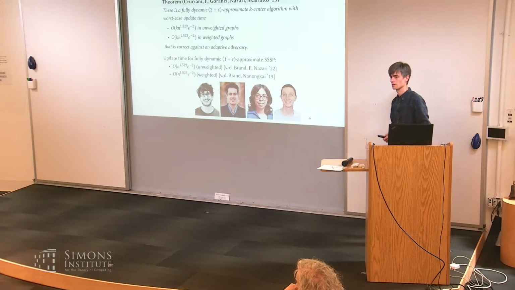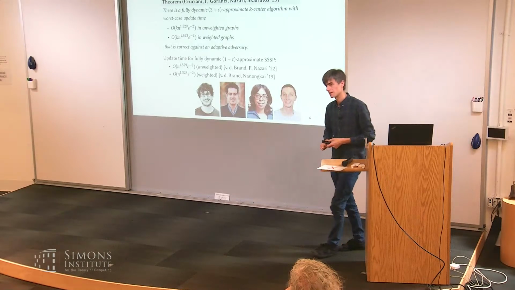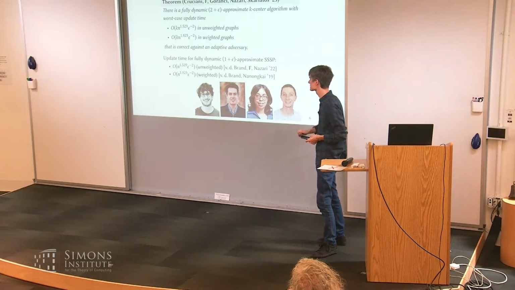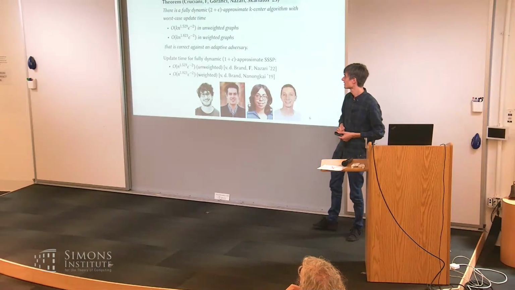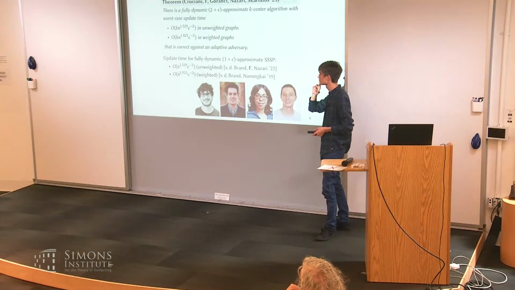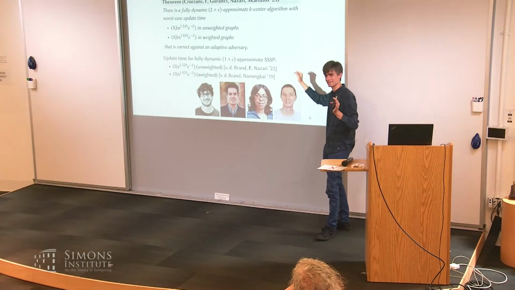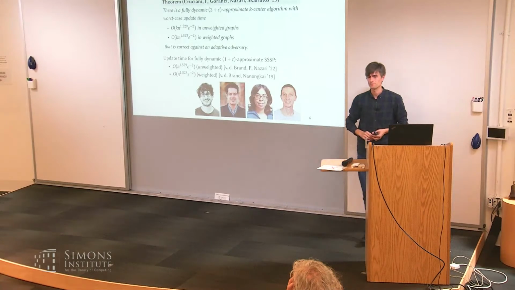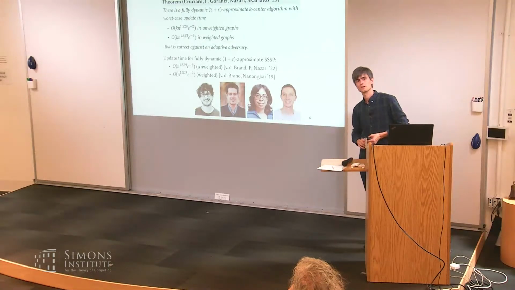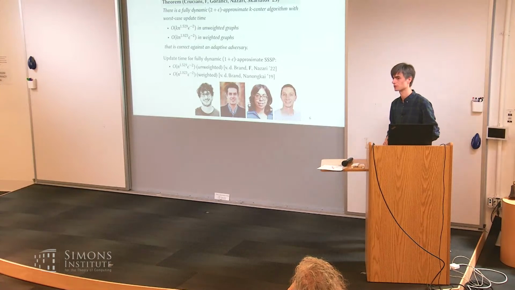What is your recourse bound? The question is, what is a recourse bound? Here it's not really bounded, like k per update. In the decremental setting I would have to check, and in the incremental we have to really explicitly work on the recourse.